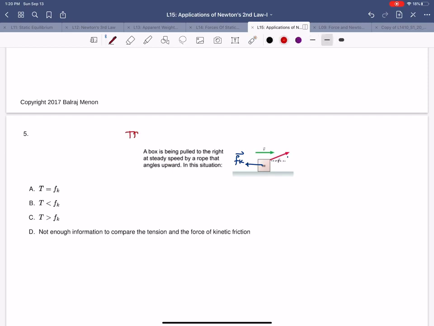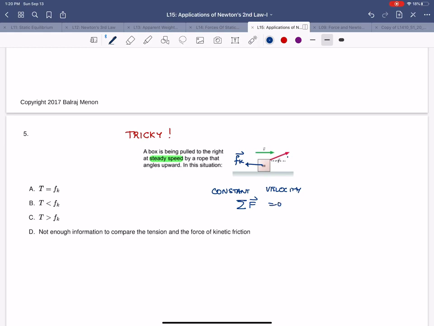Let me just say that this is a bit tricky. You might say, well, it is moving at a constant velocity, which means the net force must add up to be zero.